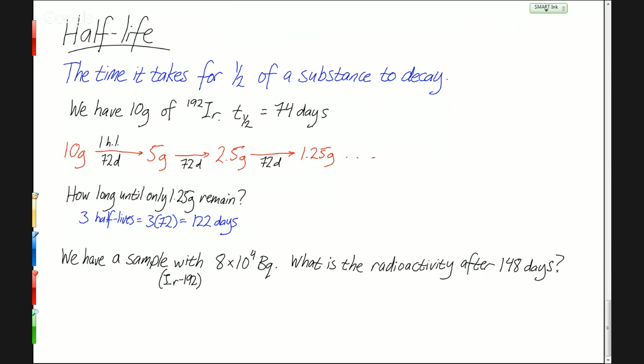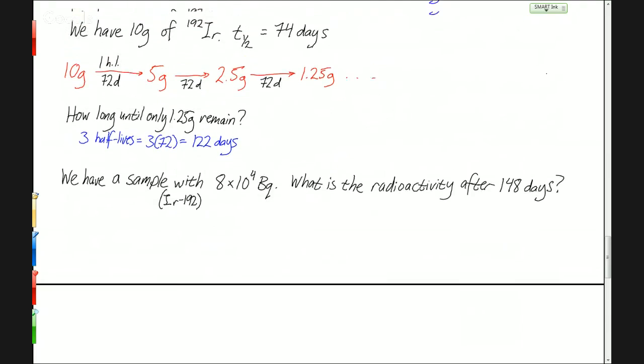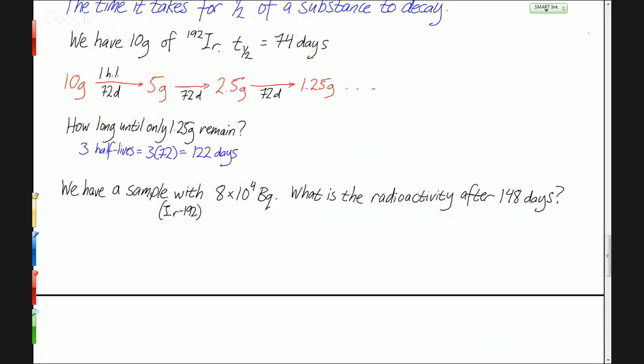That is, when there's only half the sample left, there's only half the radioactivity left. So how many half-lives is 148 days? Whenever you see a problem like this, the first thing you want to ask is, how many half-lives is that? So how many half-lives for this particular isotope is 148 days? 74 days is one half-life, yeah. So how many half-lives is 148?